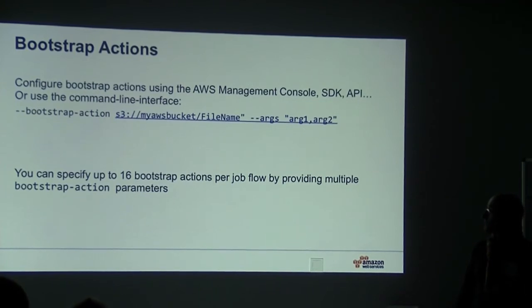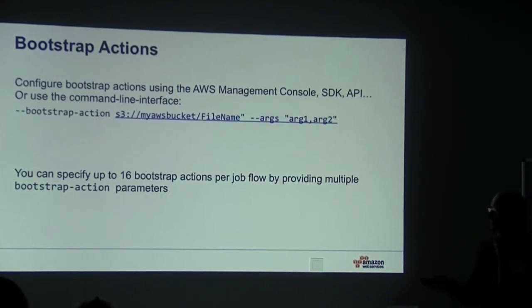So the first and obvious thing is, how do you actually start these? In the console, if my Wi-Fi works, I can show you how you select different Bootstrap actions. On the command line, you can just pass in this argument, so put in the file name and then pass whatever arguments you want to have.